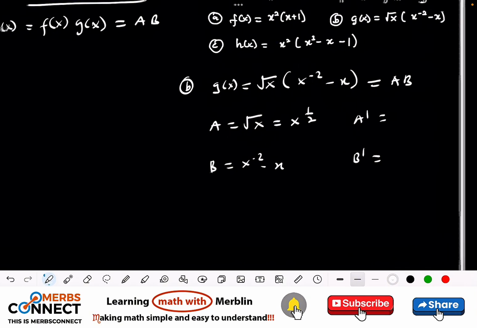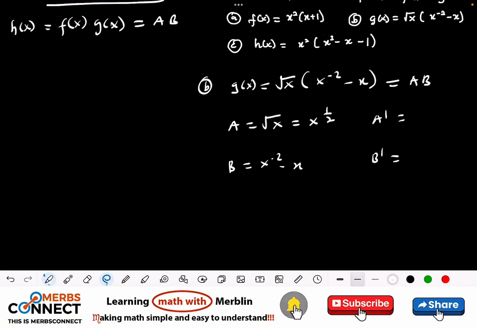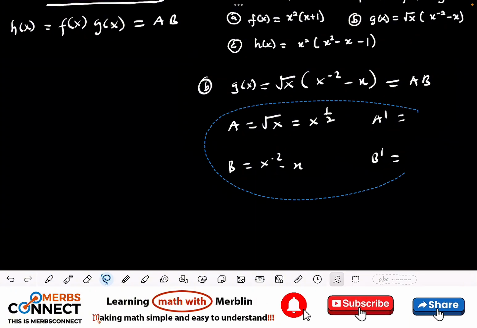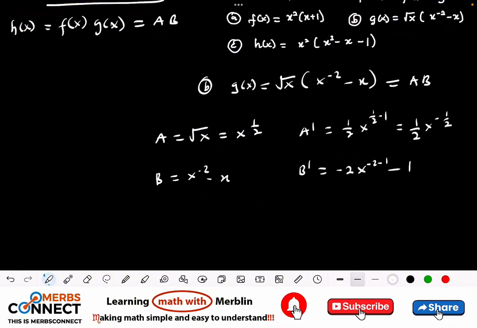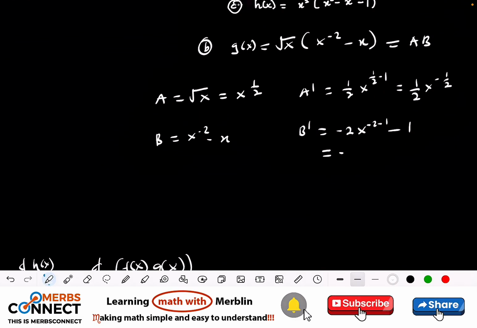So based on the power rule, when I differentiate x to the power half, what am I going to get? I'm going to have 1 over 2 drops down, 1 over 2 minus 1, and this is going to be x to the power 1 over 2 minus 1, right? Now, based on the power rule here, we can also have minus 2 drops down, minus 2 minus 1, and when I differentiate x, what am I going to get? 1. So when I simplify, I'm going to have minus 2x to the power minus 3 minus 1, right?